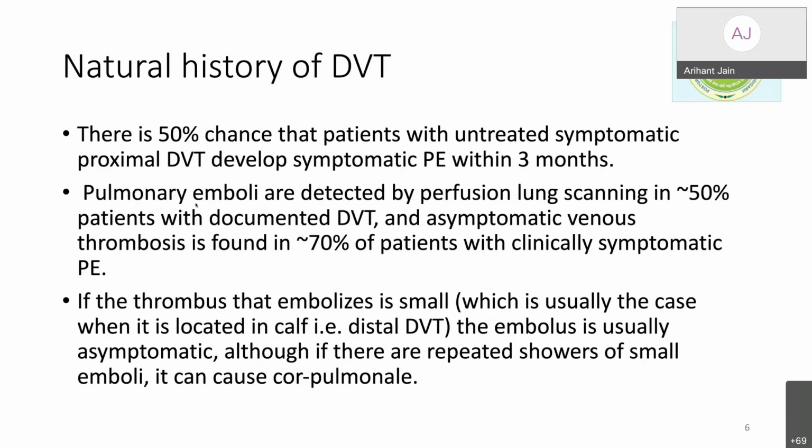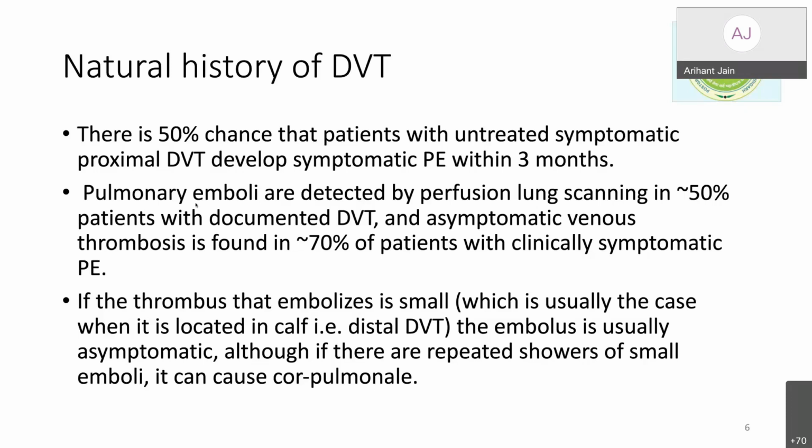And pulmonary emboli, if you just do a VQ scan of all the patients with DVT, almost 50% will have pulmonary emboli, and asymptomatic venous thrombosis is found in 70% of the patients with clinically symptomatic pulmonary embolism. So this is the reverse.